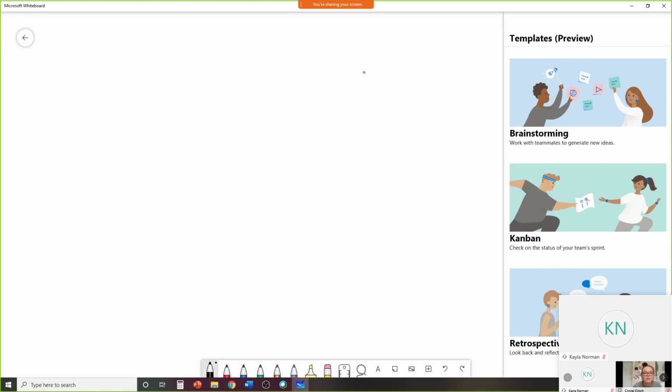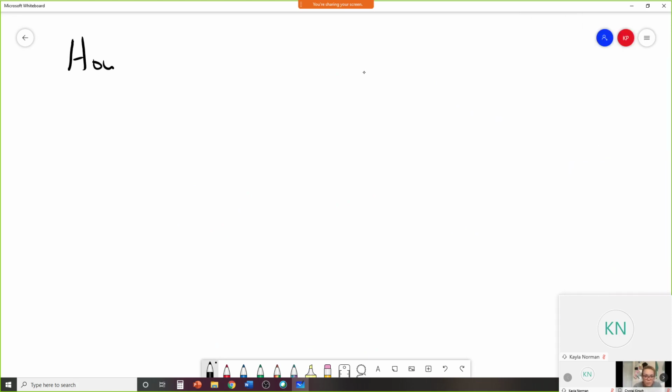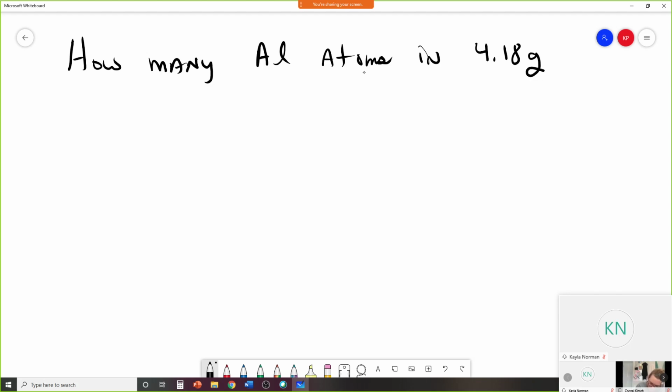All right, so let's see. How many aluminum atoms are in 4.18 moles aluminum?